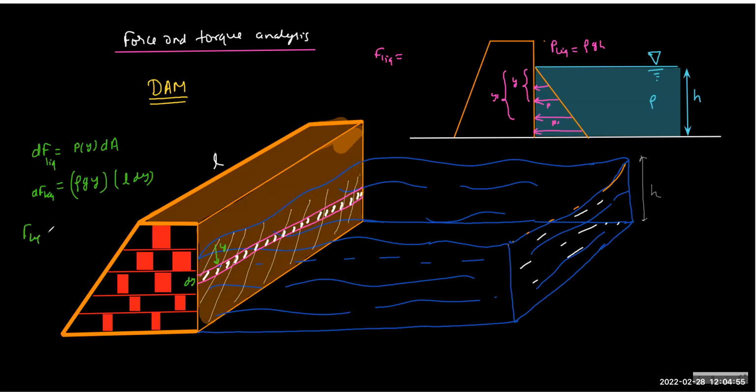The F due to liquid will be rho gL y dy, integration from where to where? From 0 to h. Correct. So the F due to liquid turns out to be, that's it. Is this clear, guys? Yes.